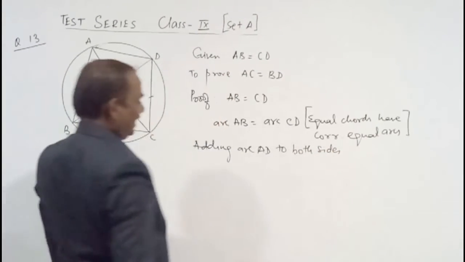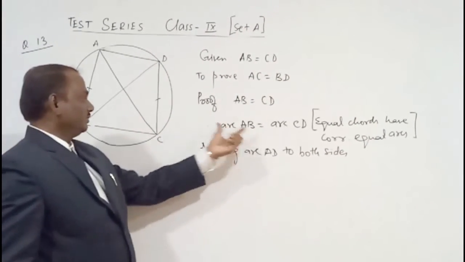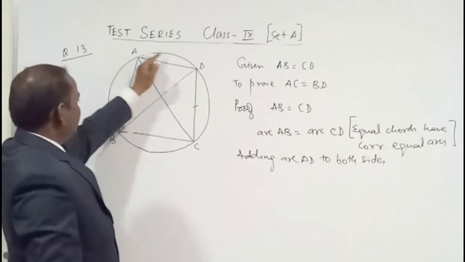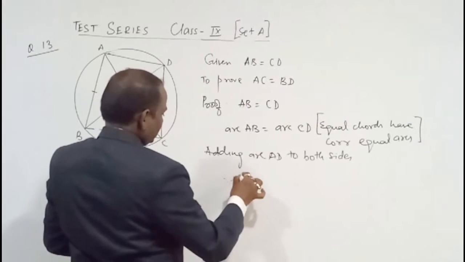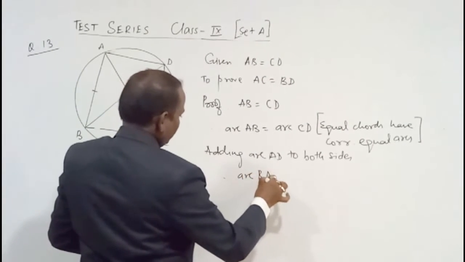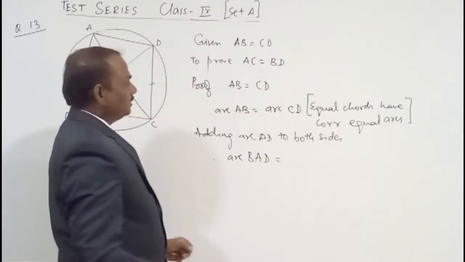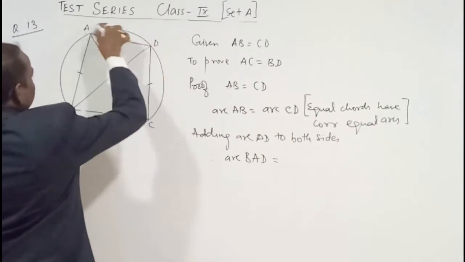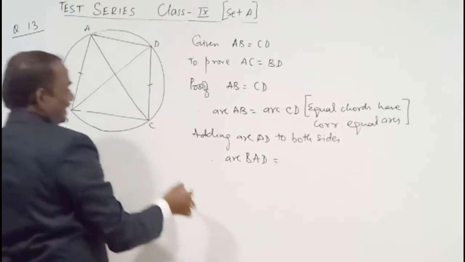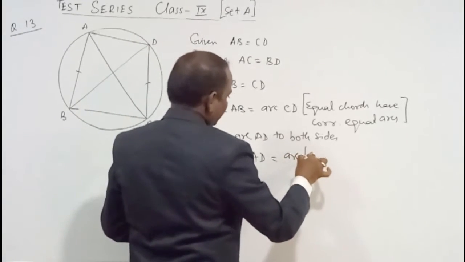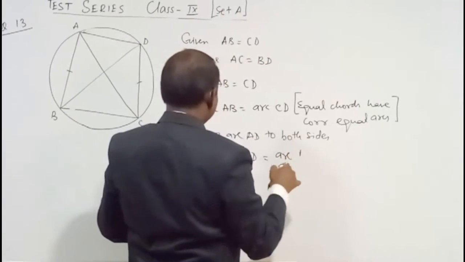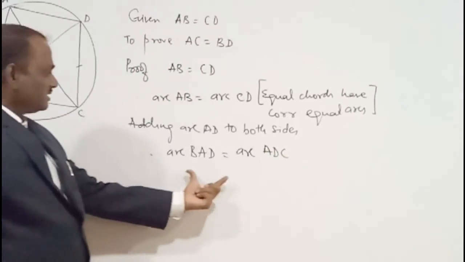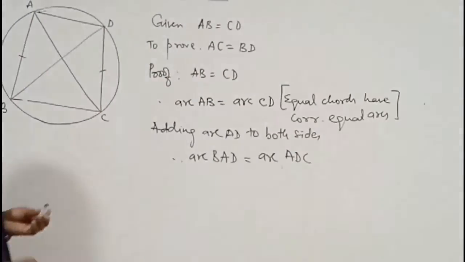Now, when I add arc AD to this arc, you can see arc AB plus arc AD gives you arc BAD. So therefore, I get arc BAD is equal to, if I add arc AD to CD, I get arc ADC. So this is equal to arc ADC. Now, since the arcs are equal, the corresponding chords will be equal.